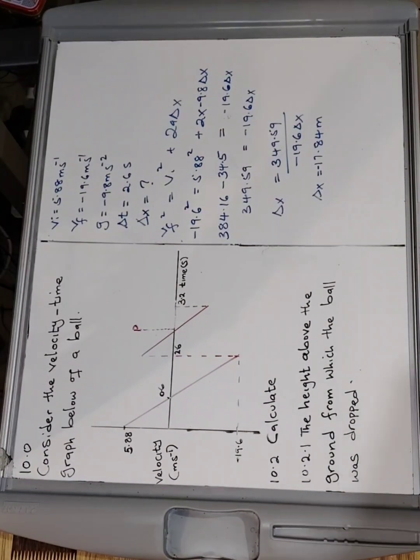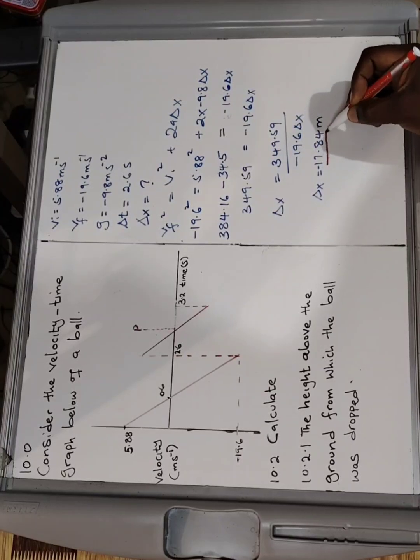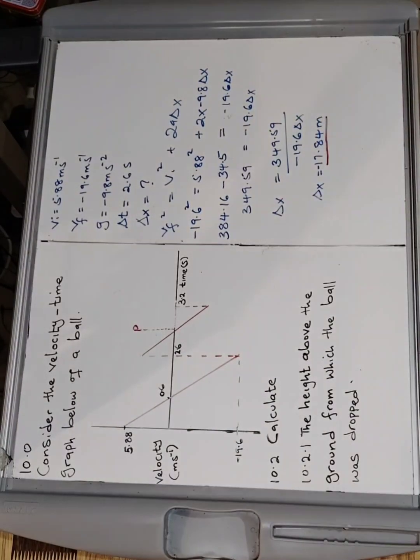Okay. Yeah, this is what we get after substitution. It is minus 17.84. Minus comes about because the displacement you are calculating is below the point of projection.